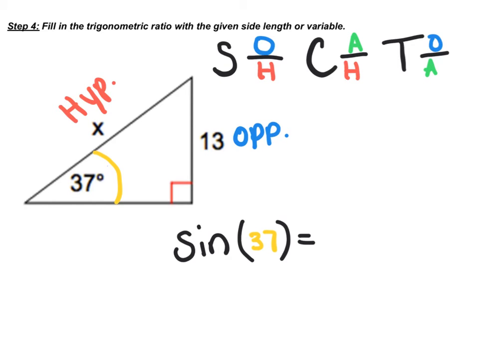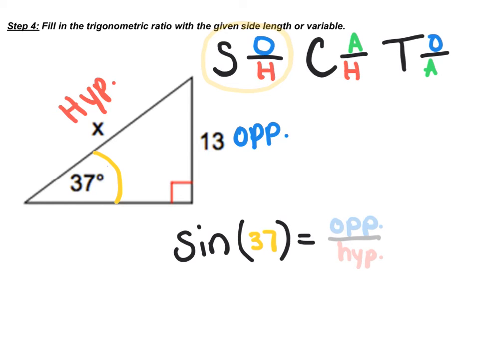Because I'm using sine, I'm going to use this relationship, which tells me that it should be the opposite over the hypotenuse.